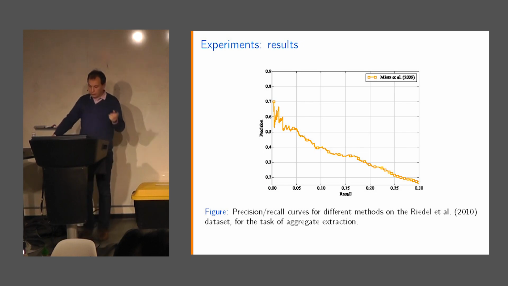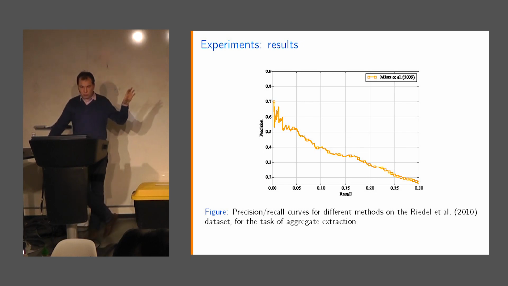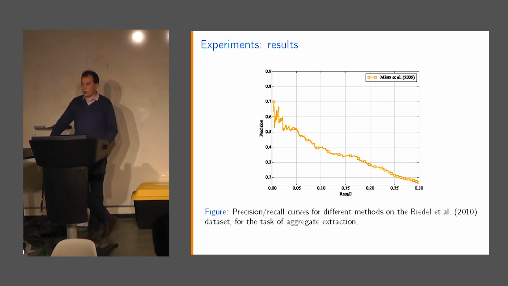So here are the results and a comparison to other methods. The first one is the method I described at the beginning of the talk, which is to heuristically label each sentence using all the labels that you can get from your knowledge base. Of course there's a lot of noise, but it's still working a bit in practice.